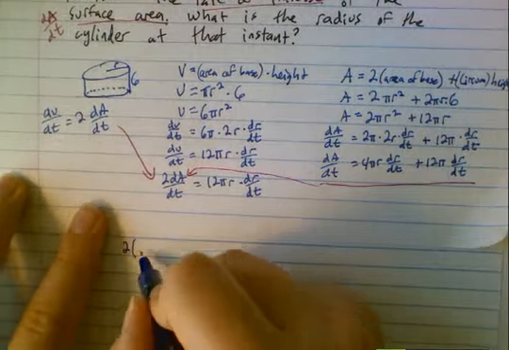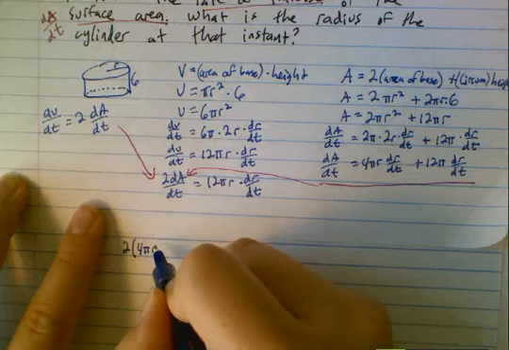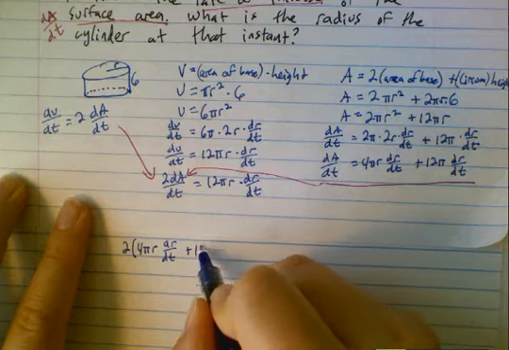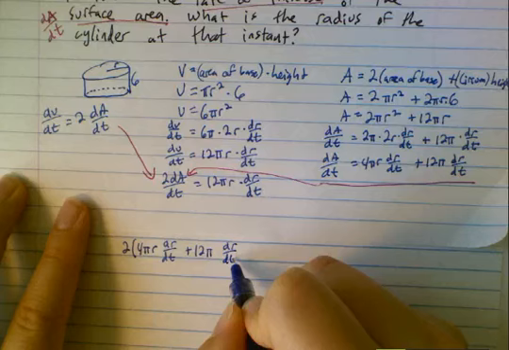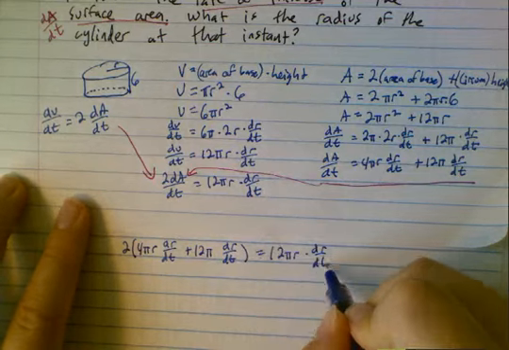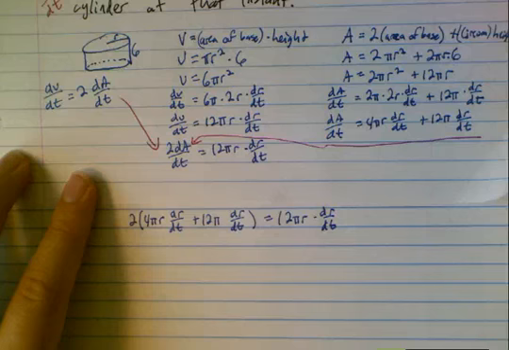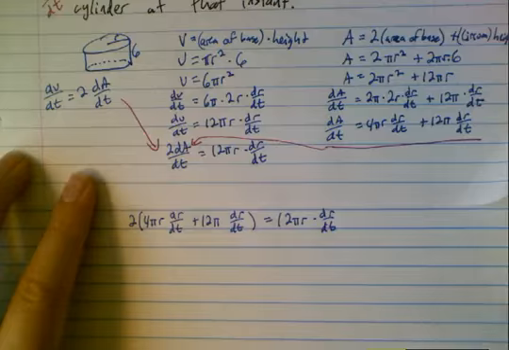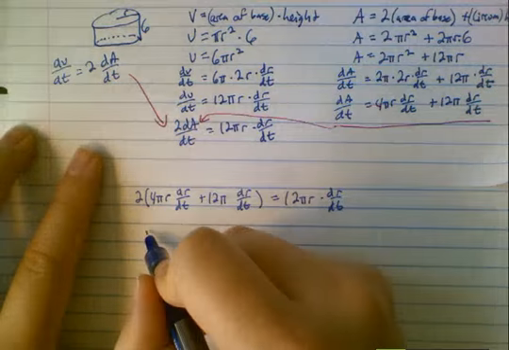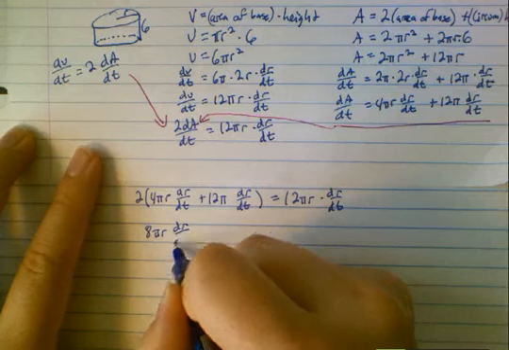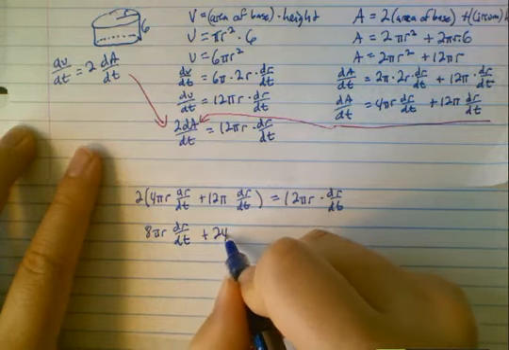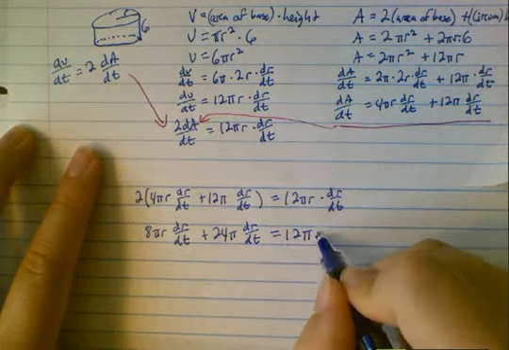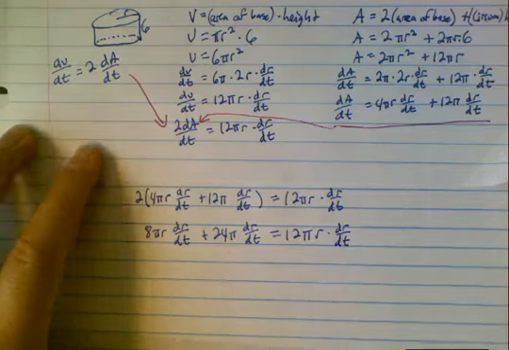So we've got 2 times 4 pi r dr/dt plus 12 pi dr/dt equals 12 pi r dr/dt. Okay, so now we're down to just dr/dt and an r, which is getting better. Let's distribute this 2, just to make life simpler. 8 pi r dr/dt plus 24 pi dr/dt equals 12 pi r dr/dt.